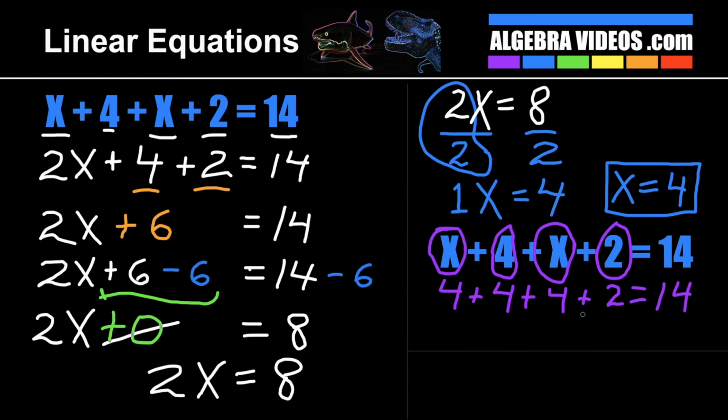And now let's just add up these numbers on the left side. 4 plus 4 plus 4 is 12, plus 2 is 14, right? So we have 14 on the left, and that equals 14 on the right.